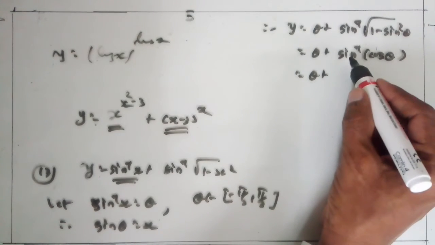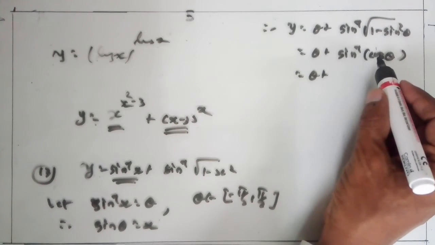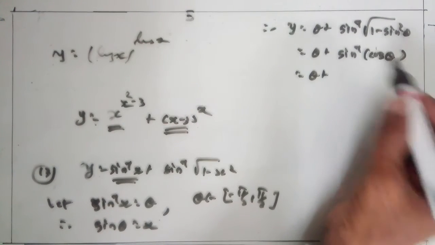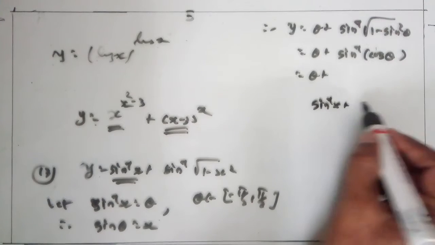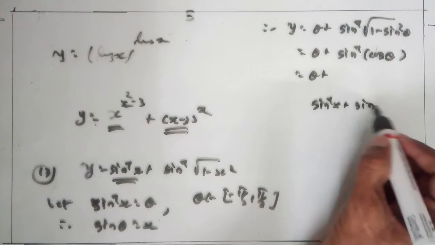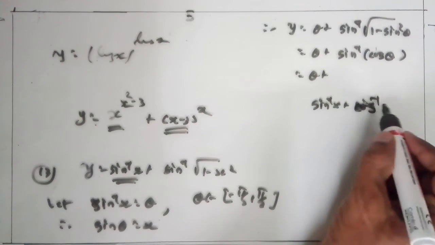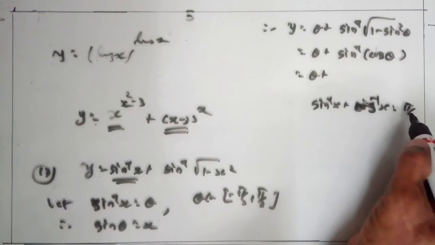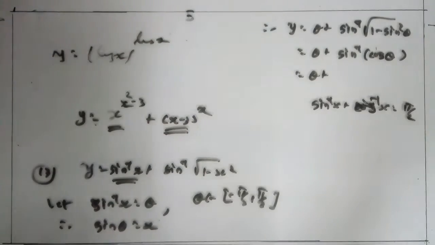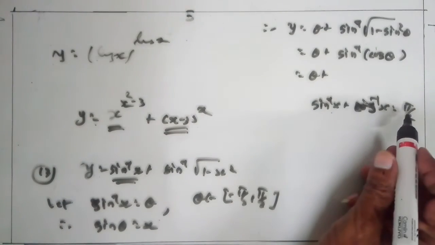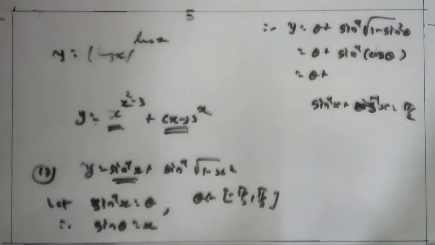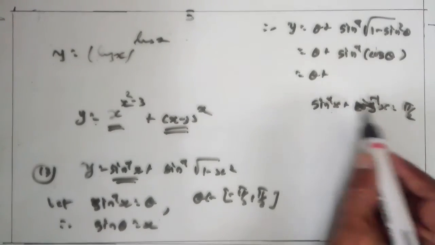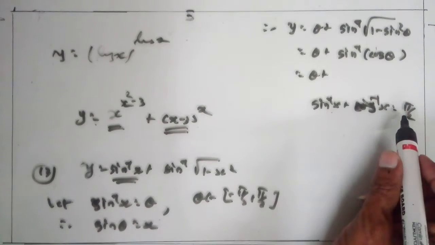So change sin inverse into cos inverse, or cos into sin form. We know how to change this. We know that sin inverse x plus cos inverse x is equal to pi by 2.